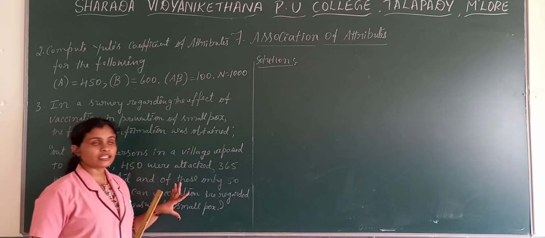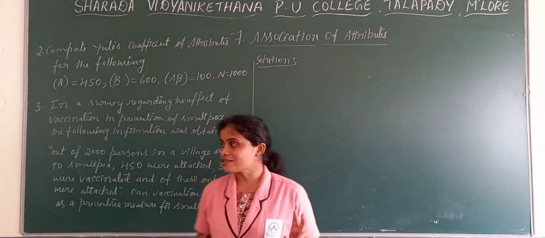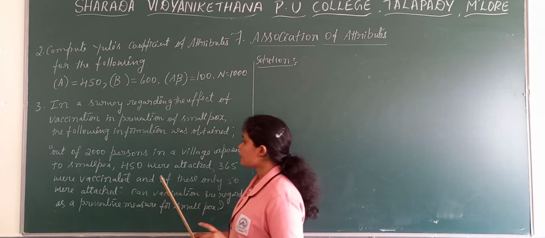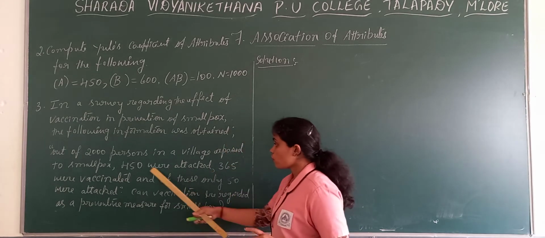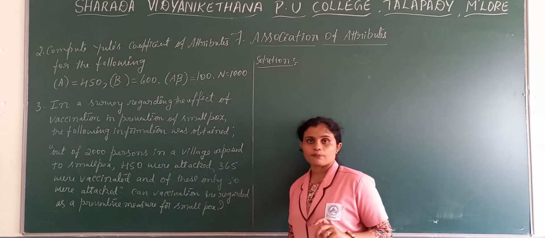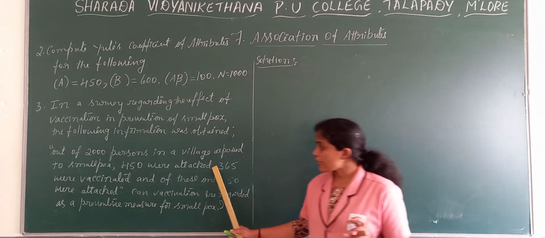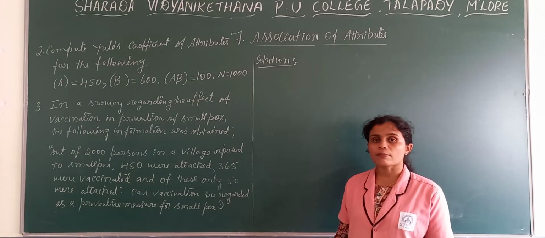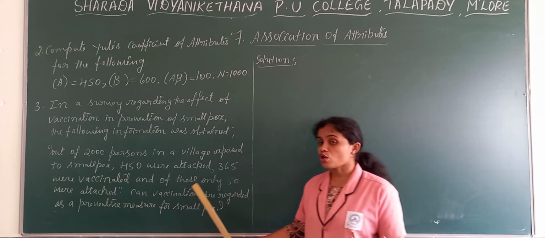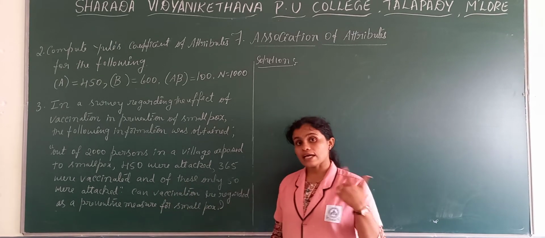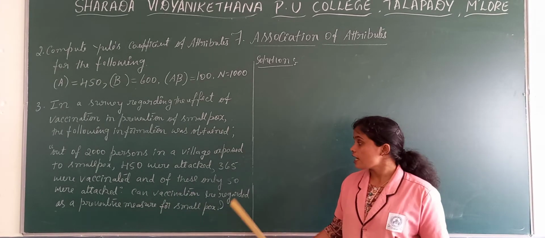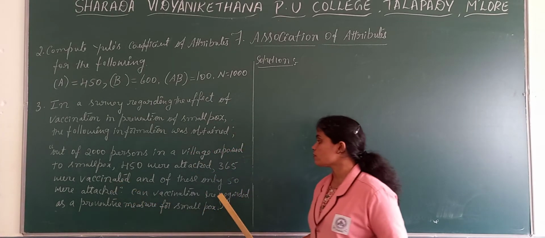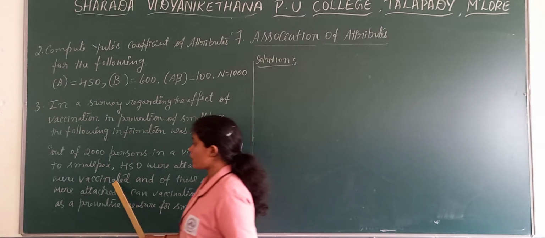Firstly, we need to identify which are the two attributes given. When you read the problem properly, see here, 450 were attacked they have given. If 450 were attacked, then there has to be a number of who were not attacked. So attacked and not attacked. And one more thing we can see, the number of vaccinated they have given. 360 were vaccinated.